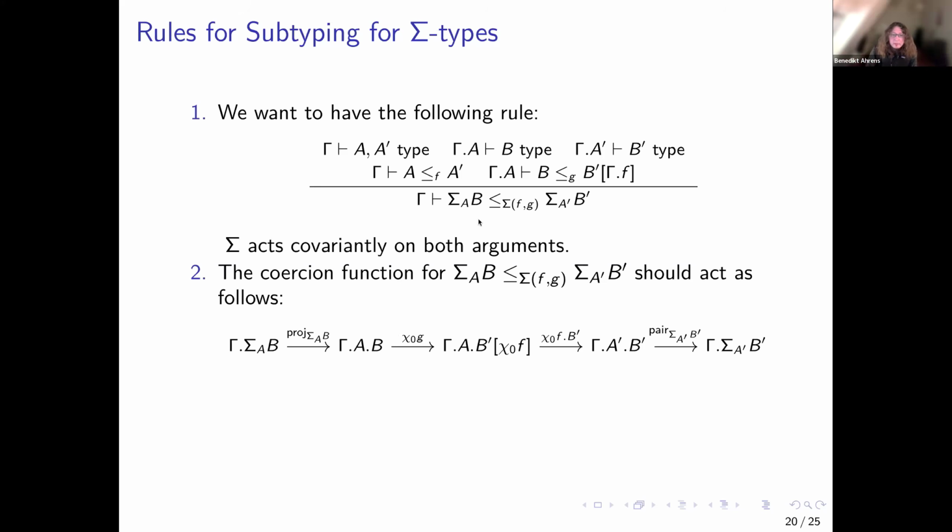So when we have f and g, when we apply the comprehension to f and g, we get context morphisms, which we have here and here. And what we want is that when we apply the comprehension to sigma fg, then it relates in a specific sense to the comprehension of G and the comprehension of F. And we can make this link precise using the projection and the pairing to mediate between them.